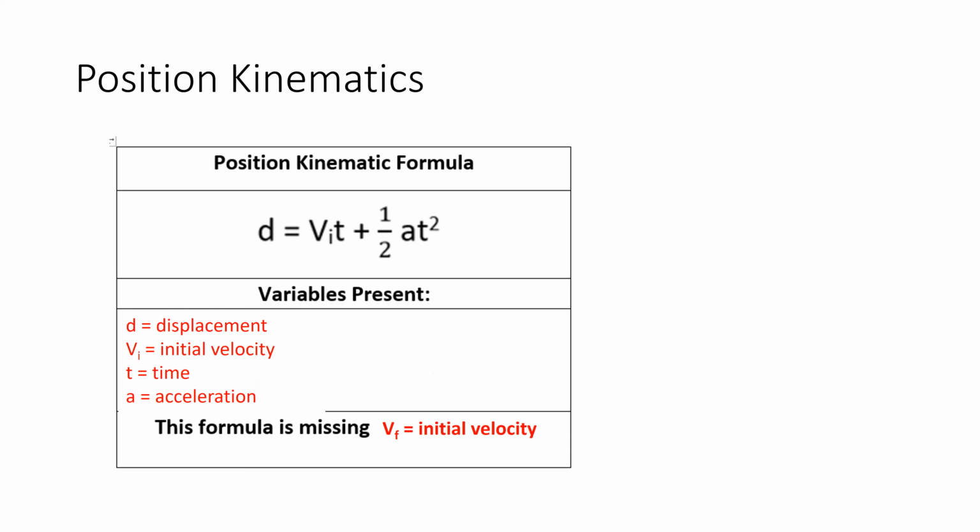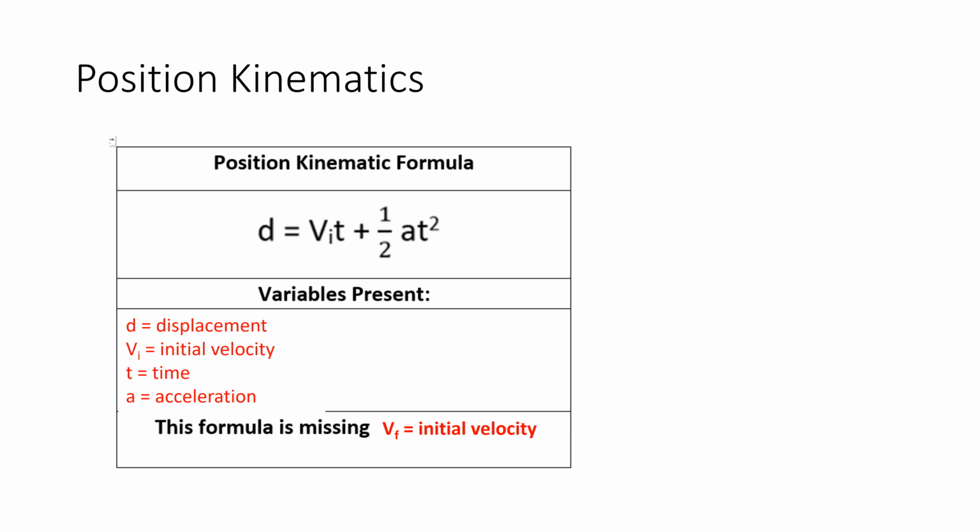Here is an equation. We've already gone through this. We've talked about those variables. You have a D for displacement, VI is initial velocity, T for time, and A for acceleration. In this formula, you do not have, that should say, sorry, I need to change that.